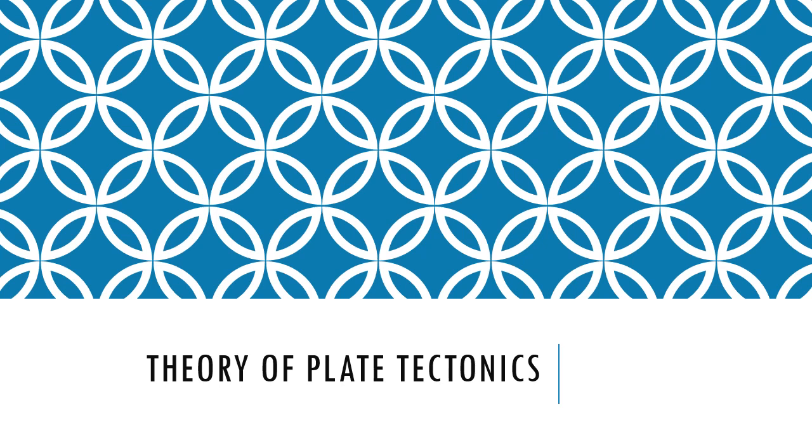Hey everyone, welcome back. So we've been talking about Earth science for the last couple of days. We started looking at the evolution of Earth and how scientists, specifically geologists, have actually been able to create a timeline of all the things that have happened in Earth's history.